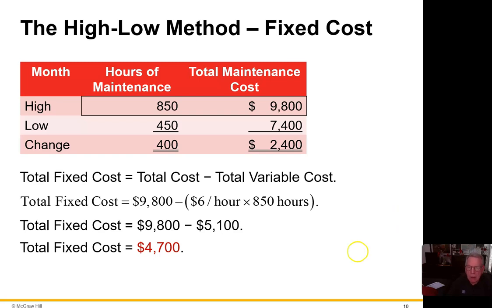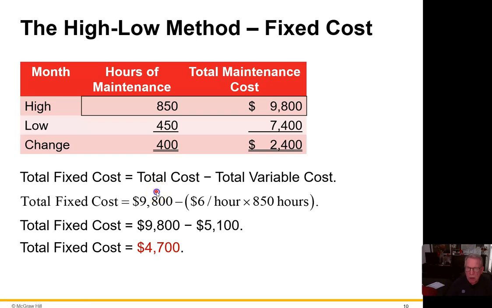Now, if I plug this into the formula, our total fixed cost equals total cost minus variable cost. We know the total cost, it's $9,800. And we know if we run 850 hours, that's going to be multiplied by the $6 variable cost per hour. So if I take my total cost and subtract my variable cost, my total fixed cost is going to be $4,700.